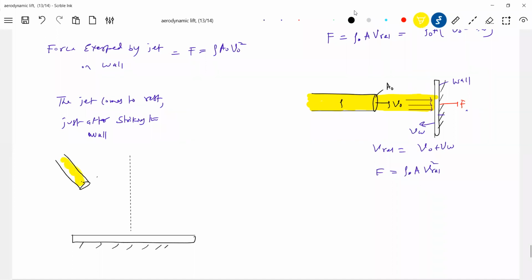So sometimes we hold the pipe. I'll go for a better diagram. Now you can see clearly in the diagram, the jet is emerging.